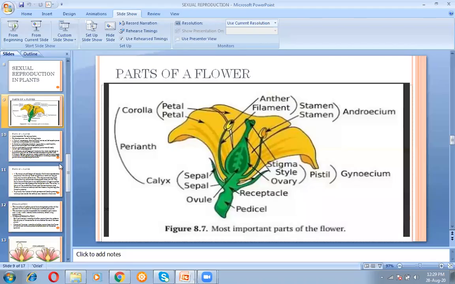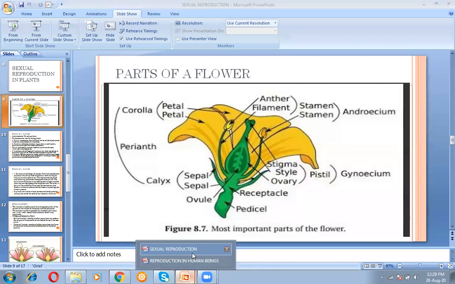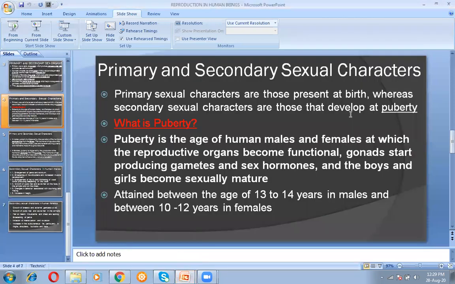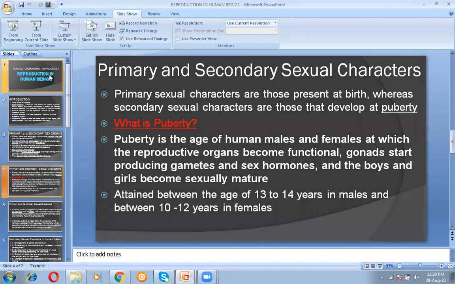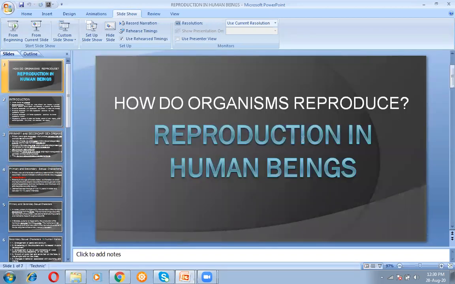Now, after this, we have to study reproduction in human beings. Before I start, I want to say something. This is an important topic from your syllabus, from your examination point of view, and otherwise also.